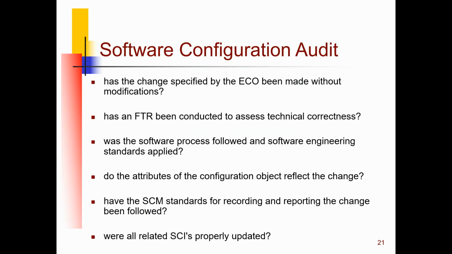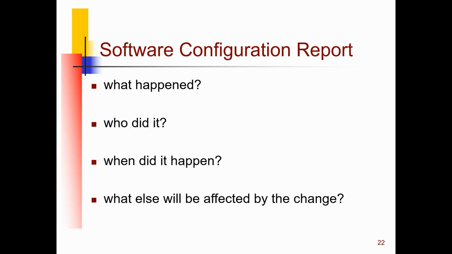You have to balance the deadline and the procedure. And the last one is the report. We document what happened, who did it, when it happened, and what will be affected by the change. So this document generally will answer these four questions.